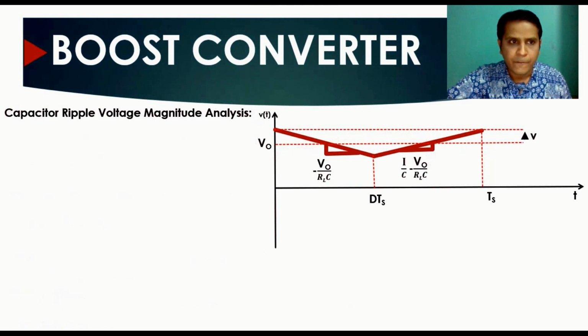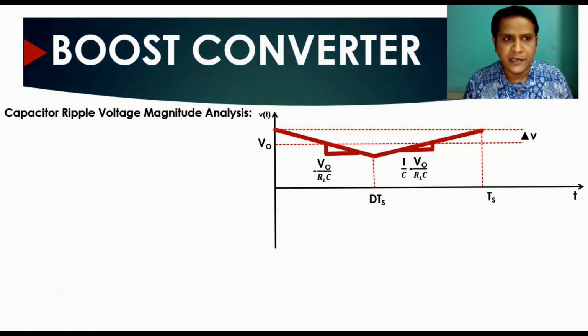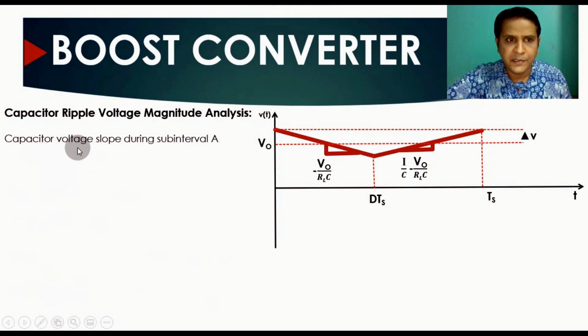Now we will understand capacitor ripple voltage magnitude analysis. That means what is the ripple voltage across the capacitor. For subinterval A, the capacitor voltage slope is given by dVc over a time period T divided by dt equals IC over a time period T divided by C equals minus Vo divided by RLC.